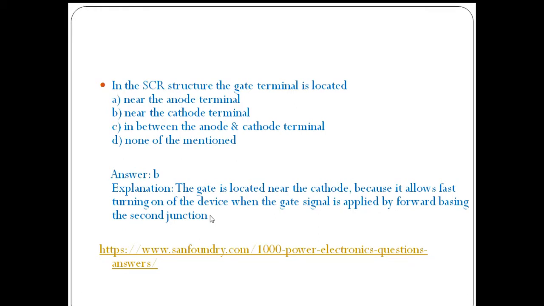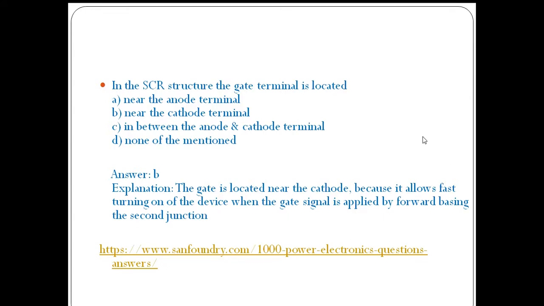In SCR structure, the gate terminal is located: A, nearer to anode terminal; B, nearer to cathode terminal; C, in between anode and cathode terminal; D, none of the mentioned. Actually, in the structure, the gate terminal will be located nearer to the cathode terminal.